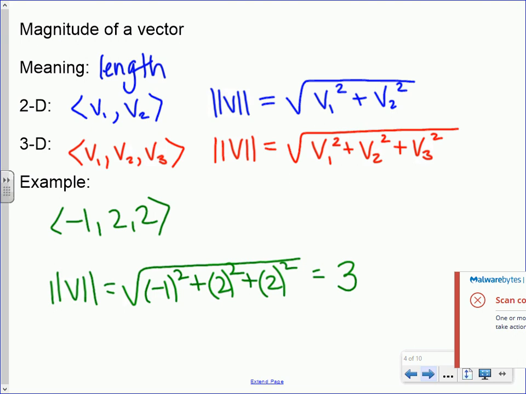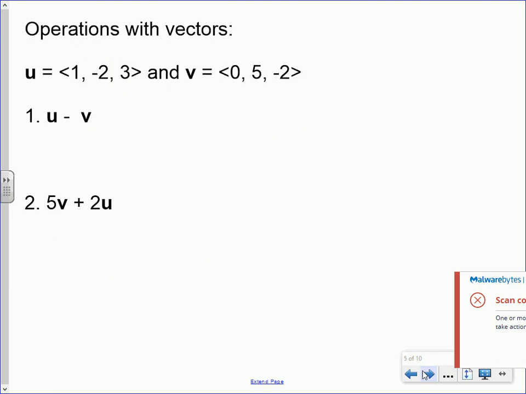Okay? Those of you who go on to Calculus 3, you'll talk about how to find the different angles from each of the axes in free space. Not something that we're going to worry about in here. Okay? So we're just going to skip over direction, and we're going to go to operations with vectors. I just want to remind you on how to do this.